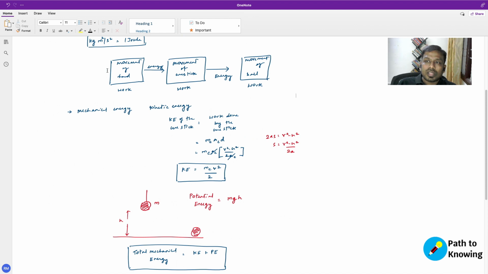So how did the hand acquire that energy in the first place? If you go back, the hand acquired that energy because of the muscular movement. Your muscles inside your hand moved, and that is what made your hand move.